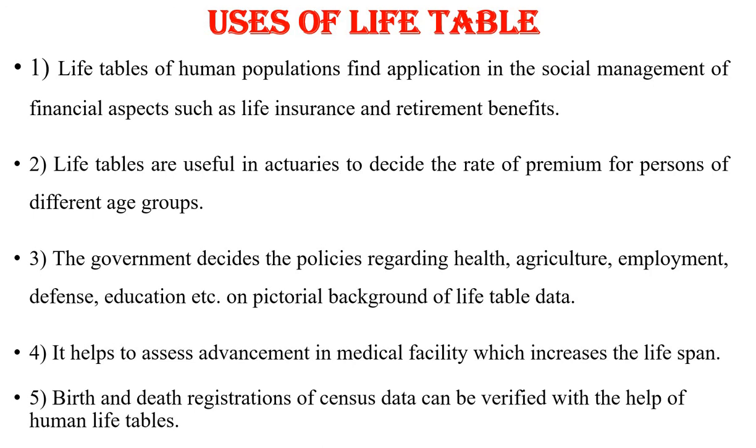It helps to assess advancement in medical facilities, which increases the lifespan. Then fifth one, the birth and death registration of census data can be verified with the help of the human life tables.